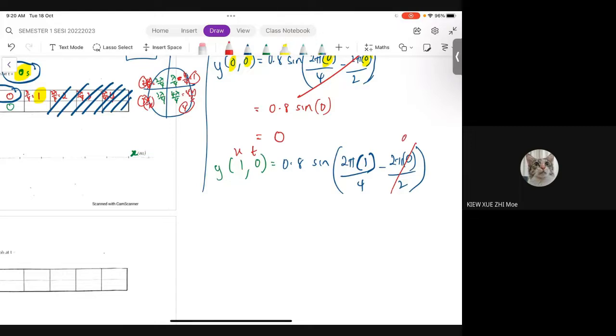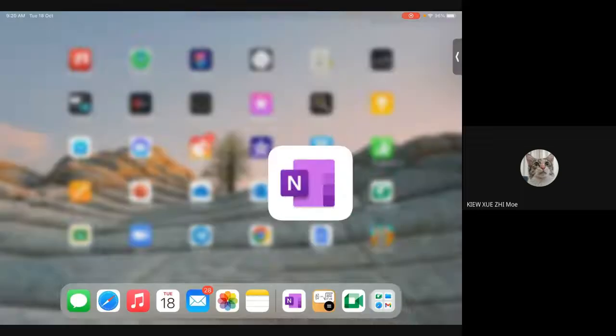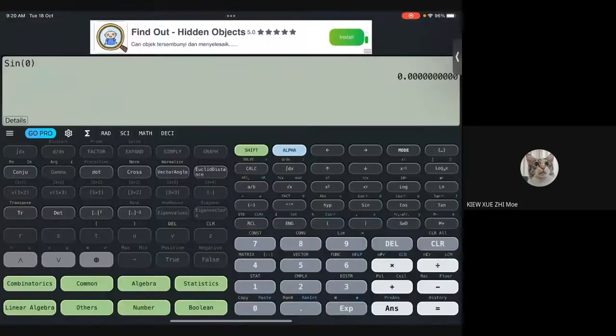Yang ini akan jadi apa? 0.8 sin, ini akan jadi pi over 2. Tekanlah calculator. Sin pi over 2. Nampak tak pi? Ni bawah ni.